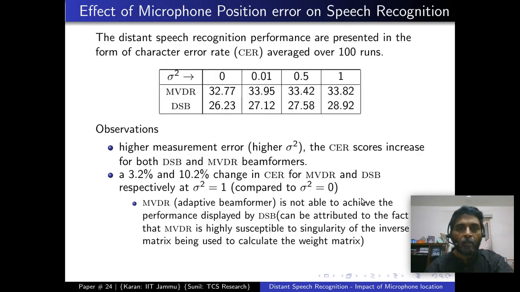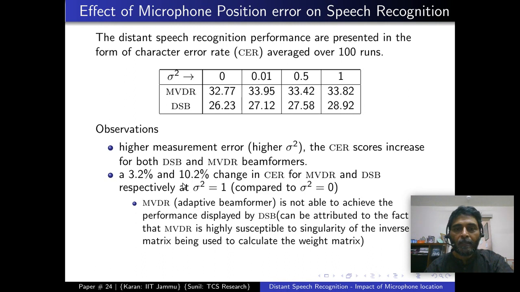If you look at the results, as you increase the error of your microphone position, the character error rate you get out of the general purpose ASR increases. As you can see in this table, the character error rate increases as the error in the microphone position goes from 0 to 1, with 0 indicating that there is no error in your microphone position. So the lower the value, the better.